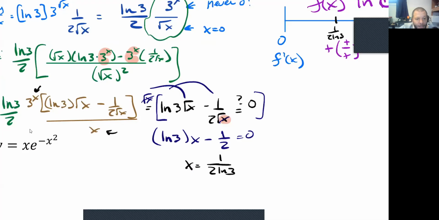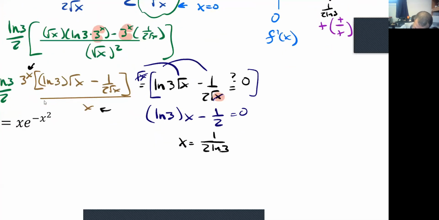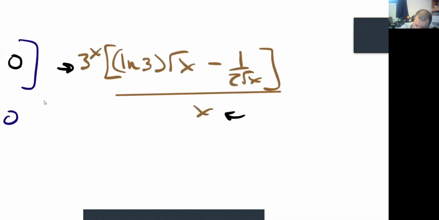So I know that 3 to the 1/4 is positive. Natural log of 3 times the square root of a quarter is natural log of 3 over 2, right? Square root of a quarter is 1/2, minus 1 over 2 times 1/2, which is just 1.